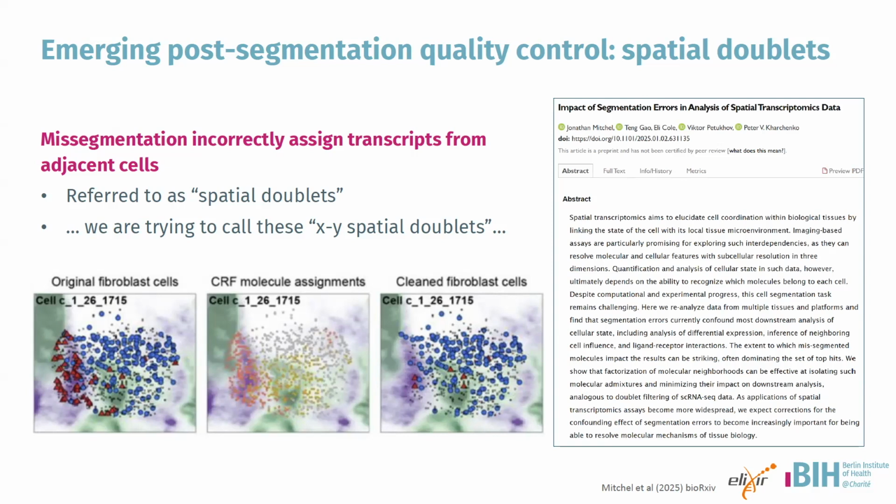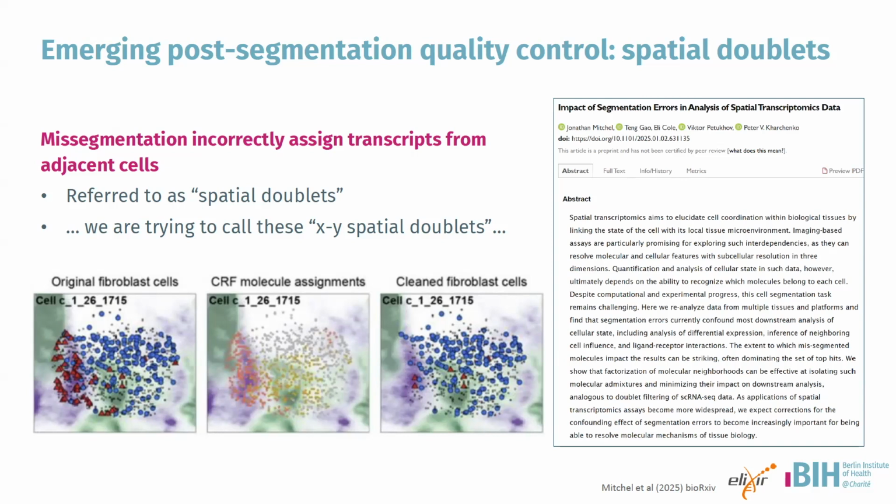So we mentioned this a bit yesterday in terms of this concept of spatial doublets. In single cell biology, whenever you run your cells through a microfluidic system, you can accidentally get multiple cells inside one of your gems, and you have two cells contributing to the signal, which is commonly referred to as a doublet.